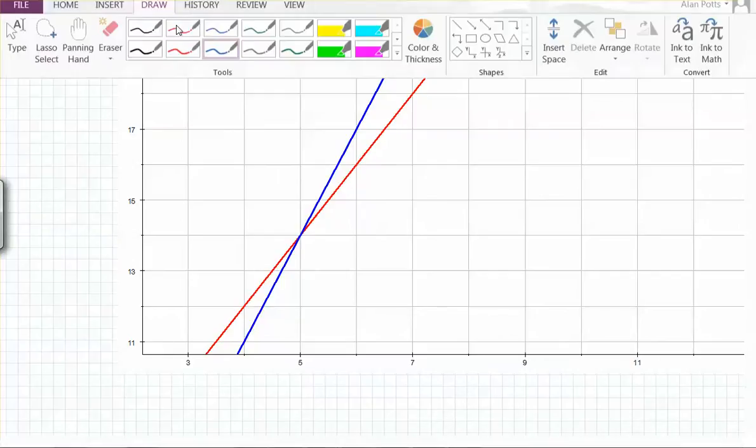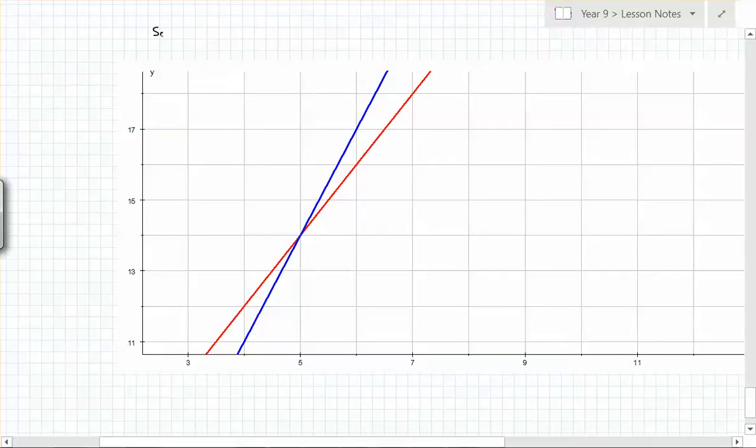Solve 2x plus 4 equals 3x minus 1. So what's the solution then? X equals 5. Because they meet here at 5. Okay? Easy then, yeah?